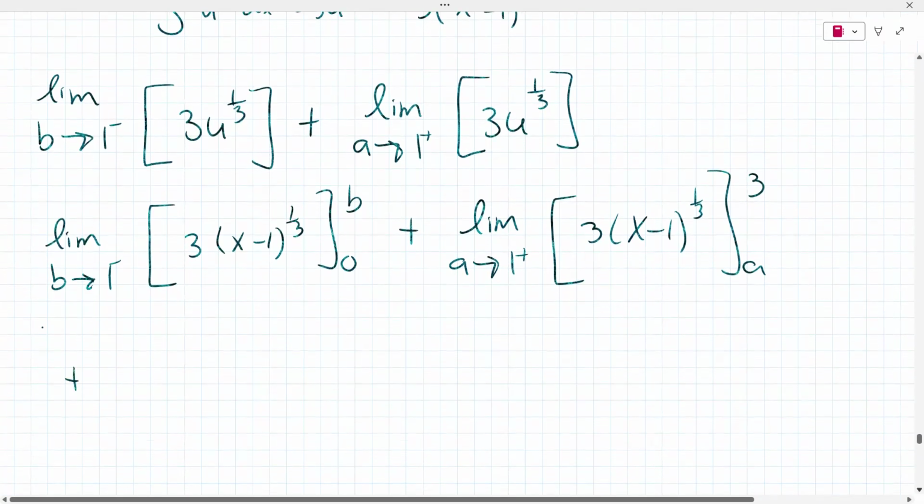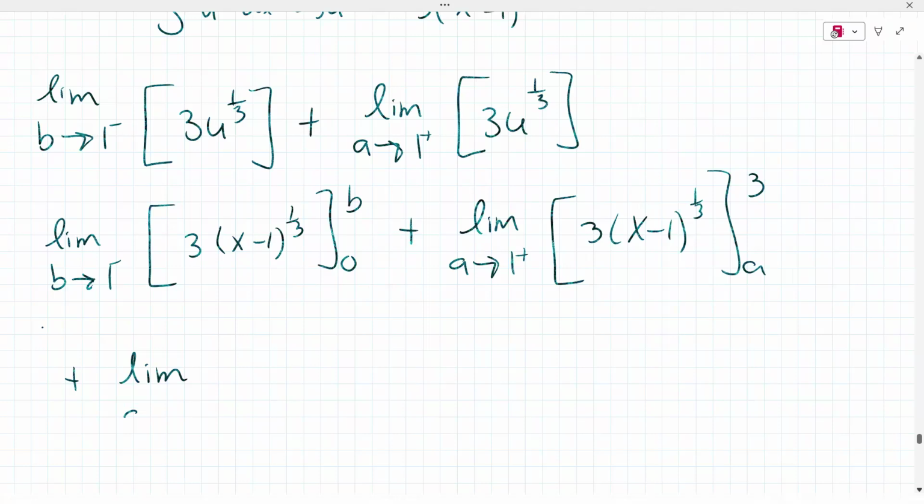And then plus the limit as a approaches 1 from the right of 3 cube root. 1/3 is the same thing as cube root. And then it's going to be 3 minus 1.